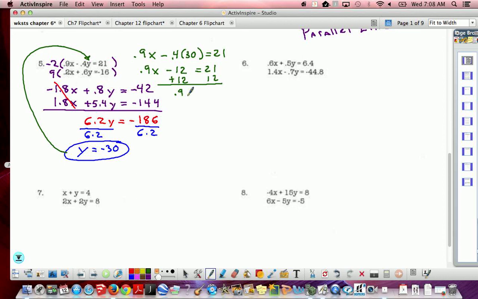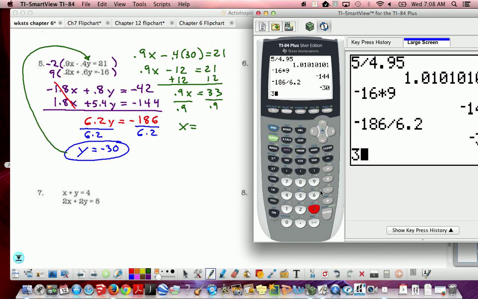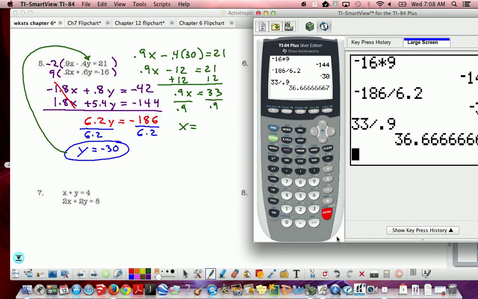So 0.9x equals 33. Divide both sides by 0.9. So x equals, let's find out here. So 33 divided by 0.9. 36.6 repeating.